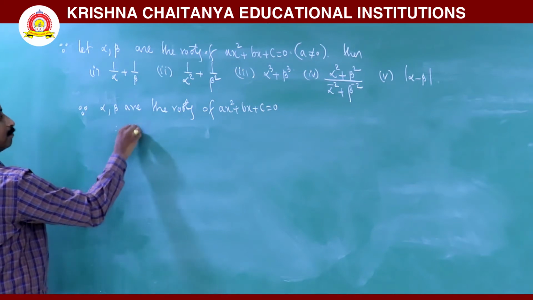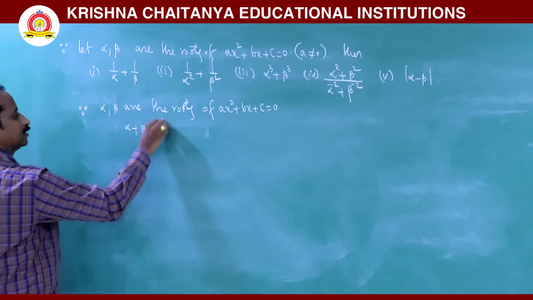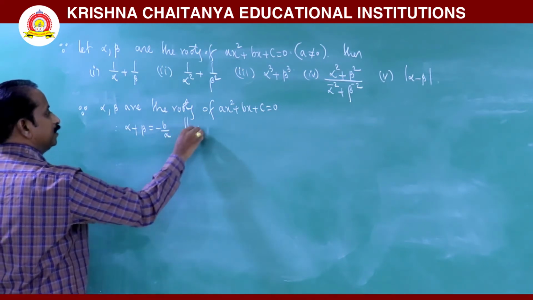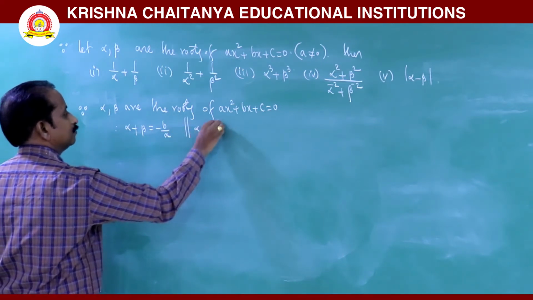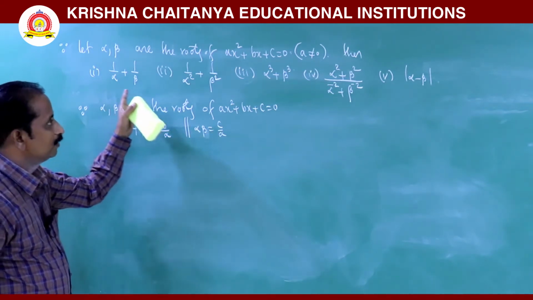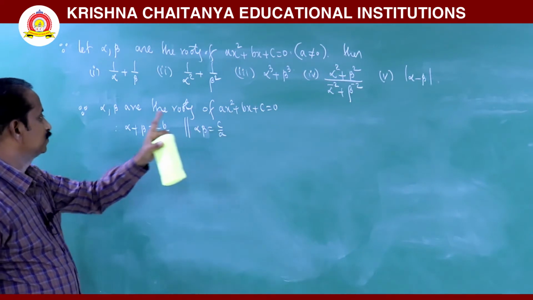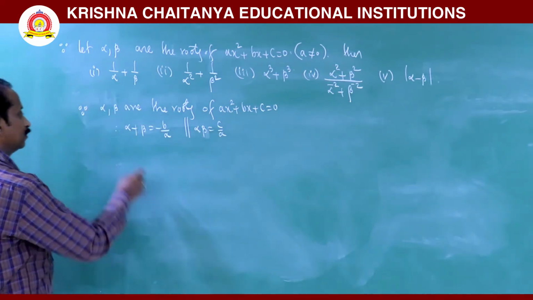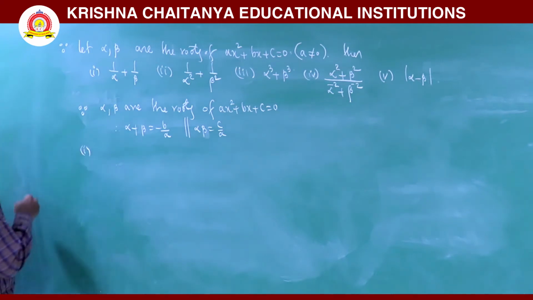Therefore alpha plus beta is nothing but minus b by a. Alpha into beta is nothing but c by a. So for the following 5 sub questions, using these two we can derive. So move to sub question number 1.